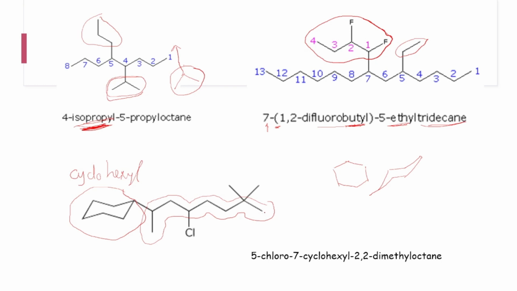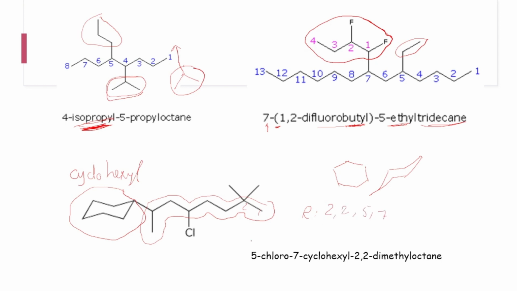If I start from the right hand side, let's see what type of number substitution will be. We have 1, 2, 3, 4, 5, 6, 7. So I will have 2,2-dimethyl, 5-chloro and 7-cyclohexyl. So I will have 2, 5 and 7.